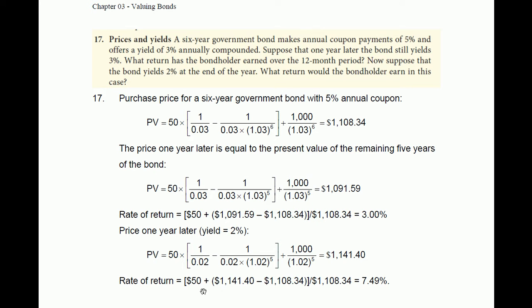So the rate of return would be, this is our sale price, this is our investment, and this is the coupon. The rate of return would be 7.49%. So much higher than in this case. In other words, we can see that if the interest rate drops, the price of the bond will rise.